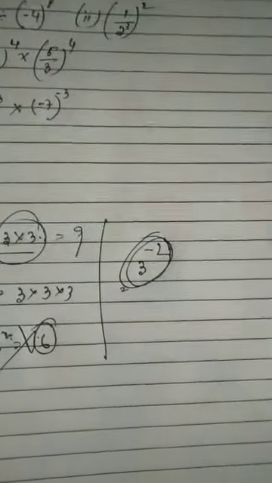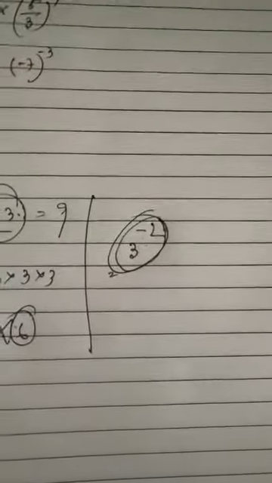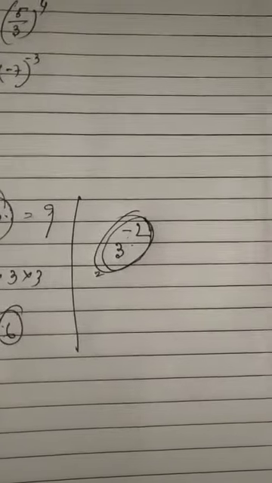I understand it's a bit complicated to understand at this moment. Suppose I'm saying 3 to the power minus 2, which you can see on my copy.